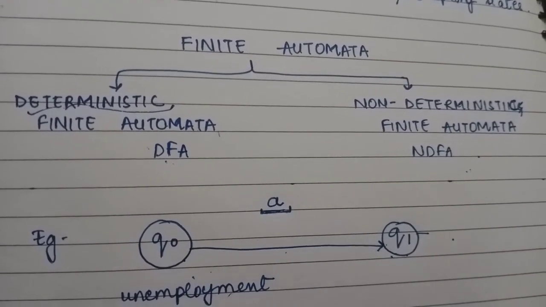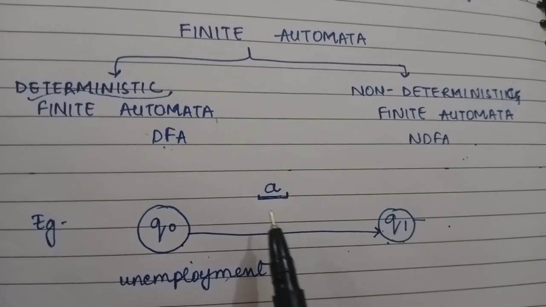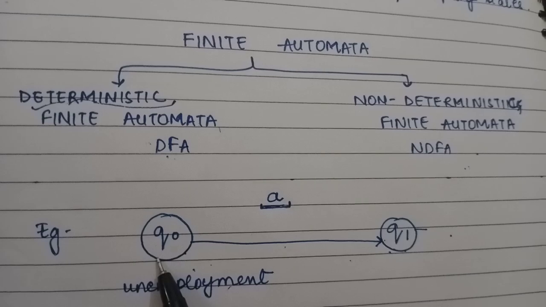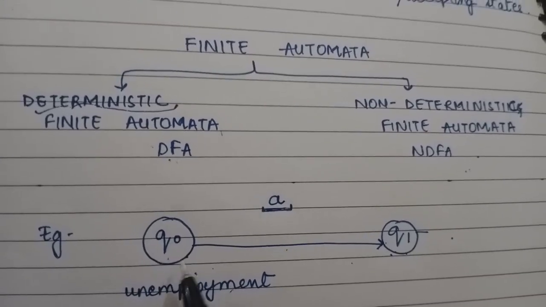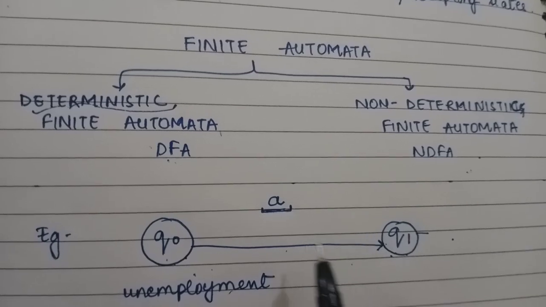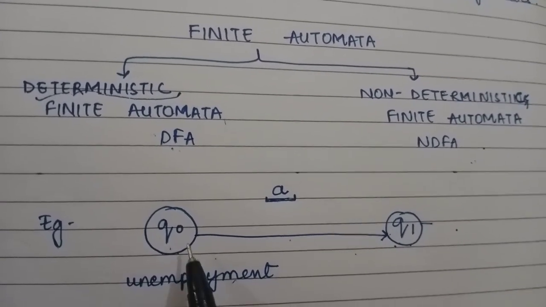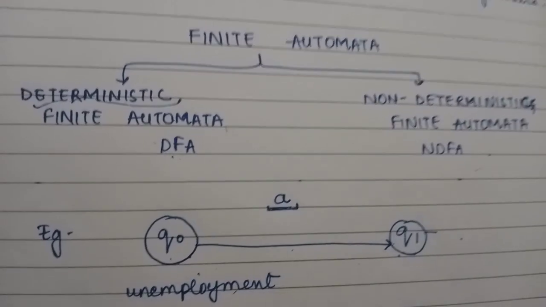There is no other way. So this transition of A from unemployment, from Q naught, the initial state, to the final state, a certain company, is an example of DFA, because there is only one way forward.